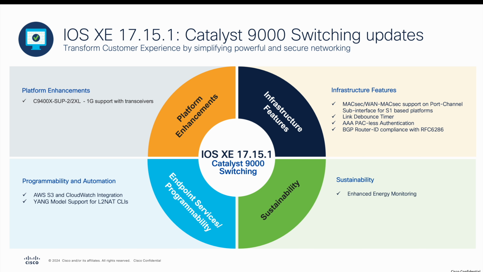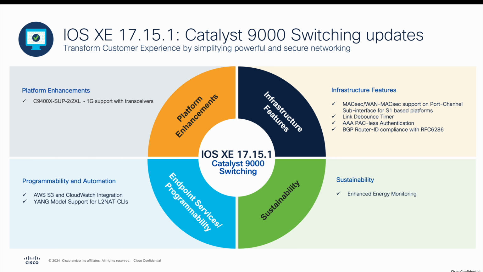We're introducing a new link debounce timer capability on the 9500X as well as the 9600X series of switches. We're bringing in AAA packetless authentication with this release, alongside RFC 6286 compliance for BGP router ID.